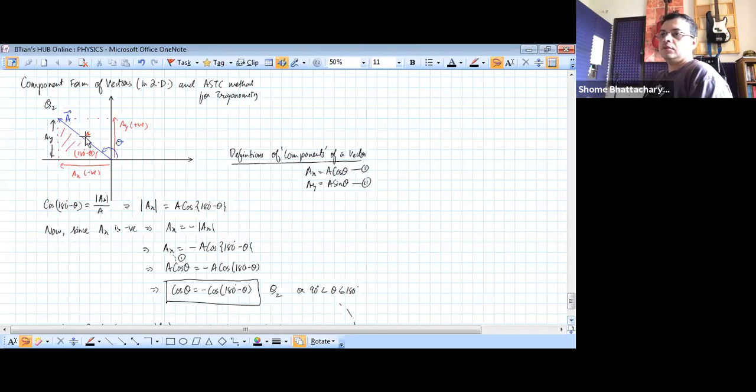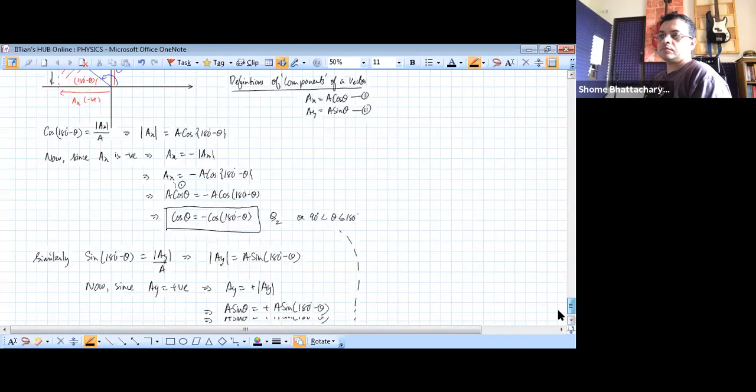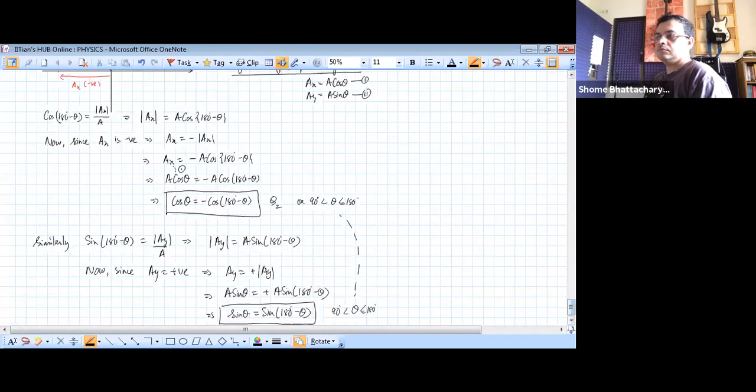So this is the part for quadrant 2. Finished writing this down, people? Okay.